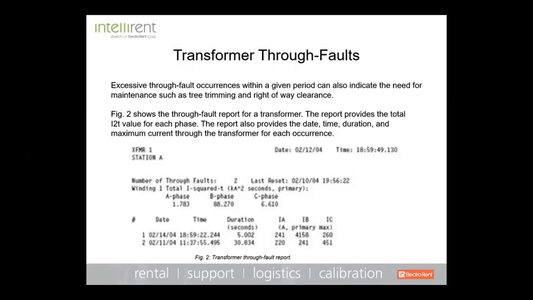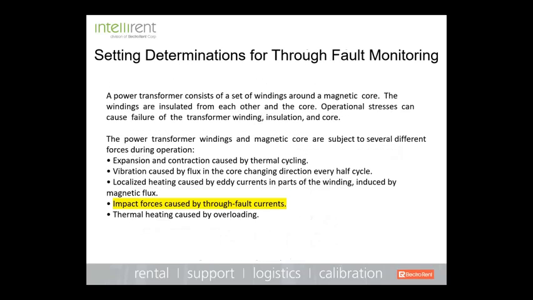You'll see the date and the time of the through fault when it occurred, how long the maximum through fault was sustained through the transformer itself, the magnitude, and how many times it's happened, with a date and time stamp. And this is important information to know, and can guide you to having a suspect as to whether or not you have incurred some mechanical damage in the transformer itself.